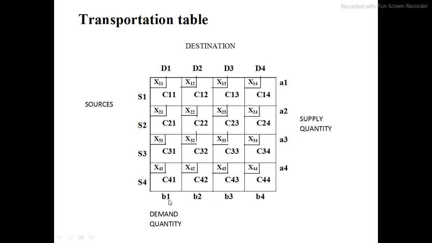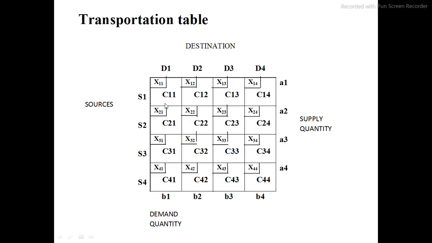So B1, B2, B3, B4 are the demand quantities. Again, the sources are nothing but our warehouses and the destinations are nothing but my retailer shops.